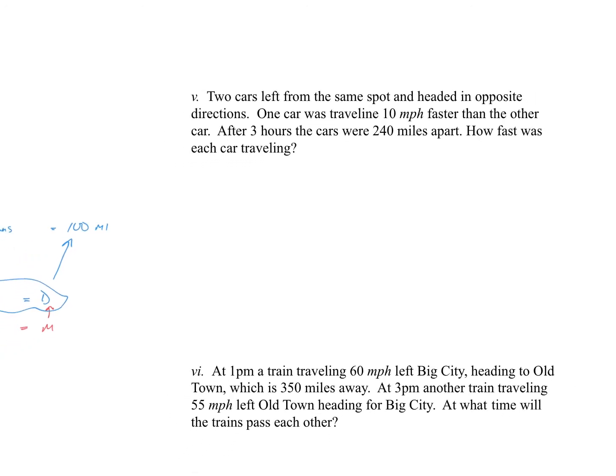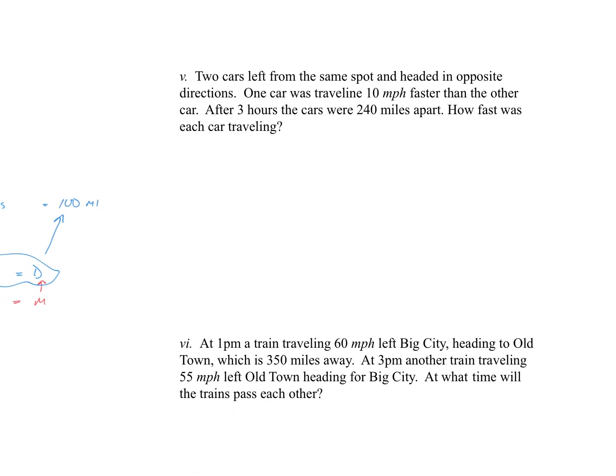Now there are other parts of this that come from that discovery that are very important. So for example, you may want to make the note that if rate times time equals distance, well then there are other things that are going to follow from that as well. If I were to divide both sides by time, then I would end up with rate equals distance divided by time. That's also true.